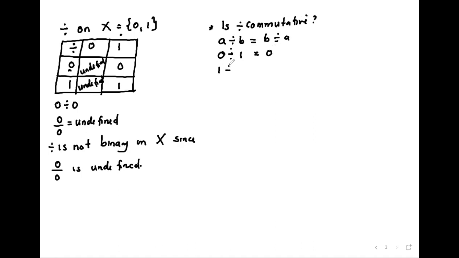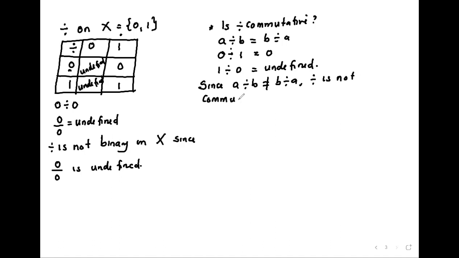But 1 divided by 0 is undefined. Are the two equal? No. So since A divided by B is not equal to B divided by A, division is not commutative on X.